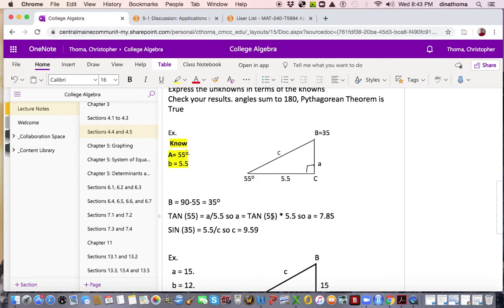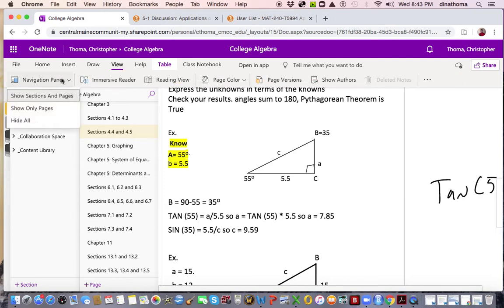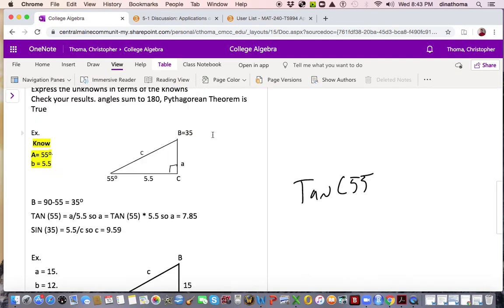Now I do some algebra. I multiply both sides by 5.5 to solve this. I'll draw it out so you can see it over on the side. Let me scroll over, view, hide my navigation panel to give some more room to work.